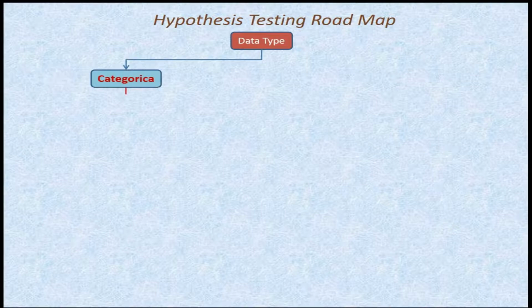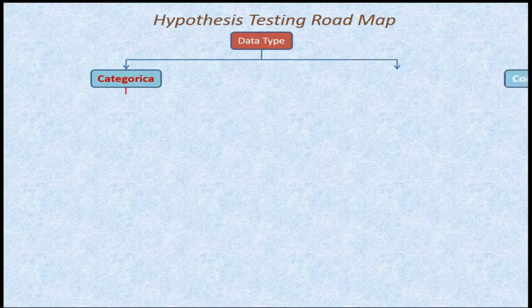So the next step is the hypothesis testing roadmap. We'll create the roadmap for hypothesis testing, and we categorize it by data type. As we know, we have two kinds of data types.